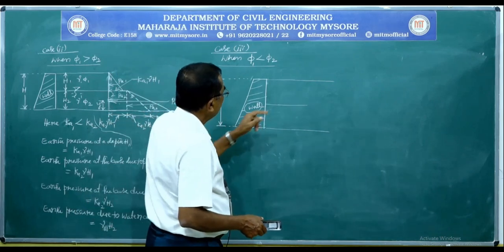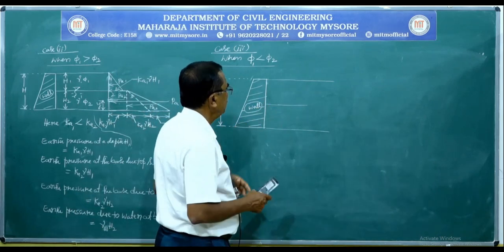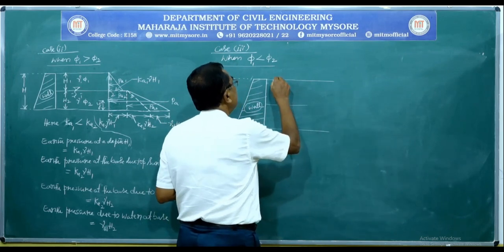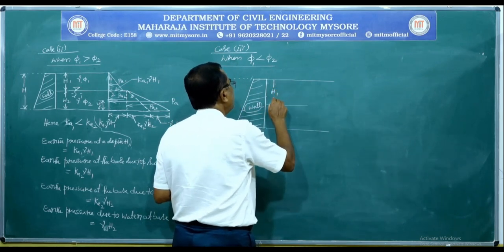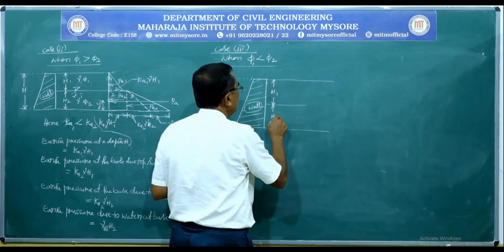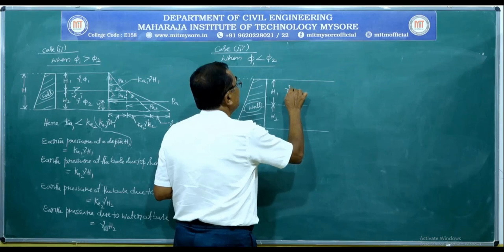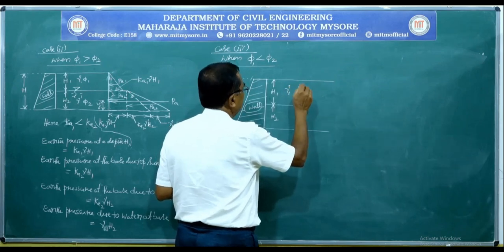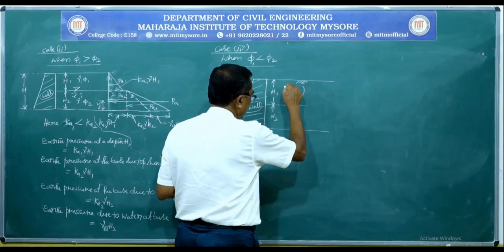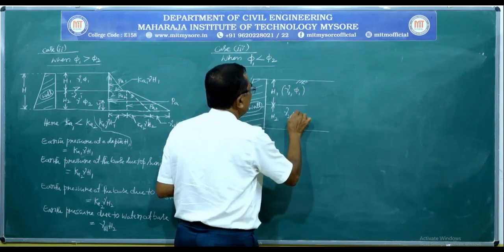For better understanding, let us consider this backfill without the water table. See, the top layer is H1 and the bottom layer is H2. Consider it as a dry backfill, gamma 1 and phi 1. Here is gamma 2 and phi 2.